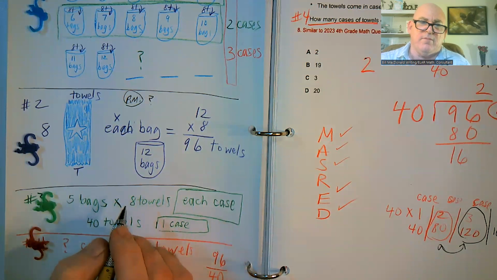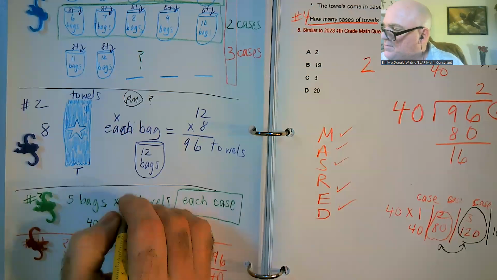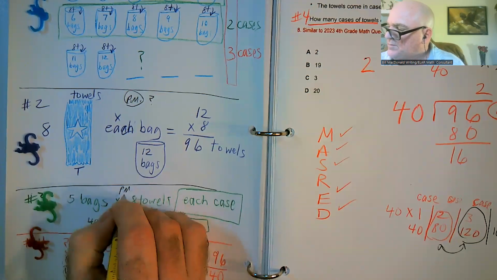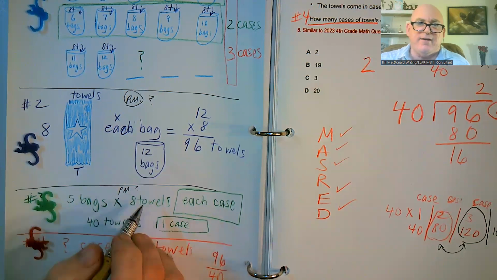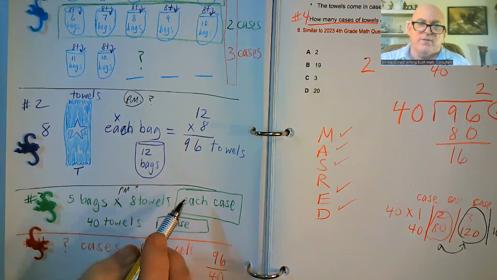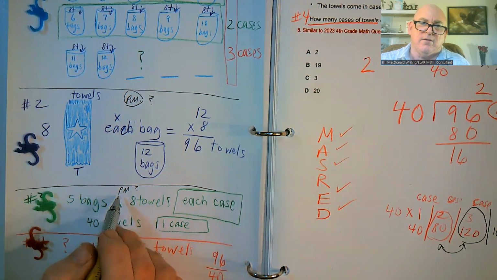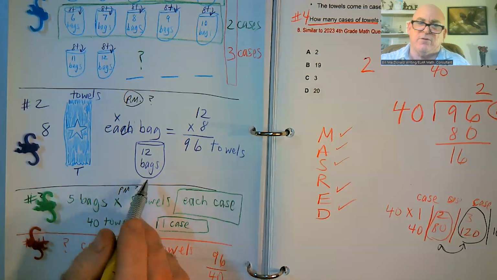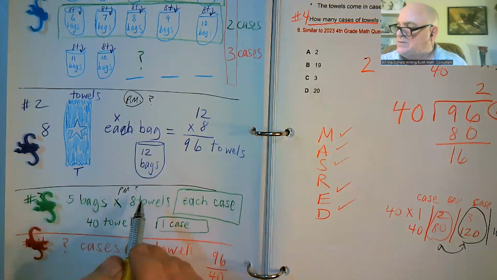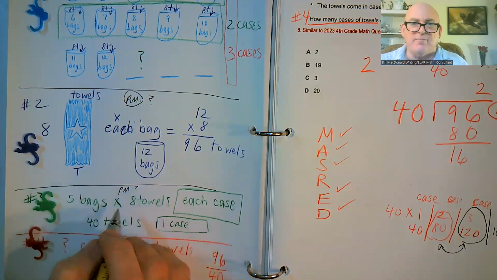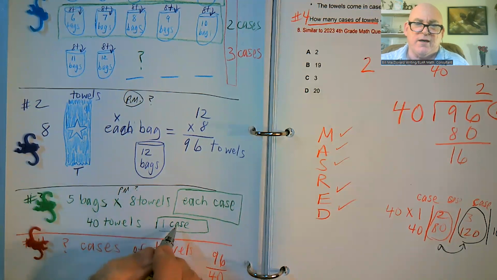Okay, that means if I have, again, PM, problem multiply, question mark, if I have a bag of towels and I know that there's 8 towels in every bag, well, I'm going to take these 5 bags of 8 towels and place them in that case. So problem multiply, 8 times 5 is there's going to be 40 towels to one case.